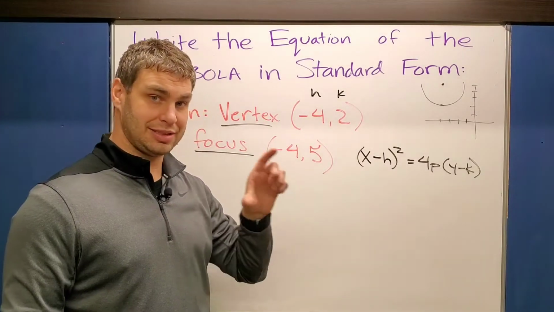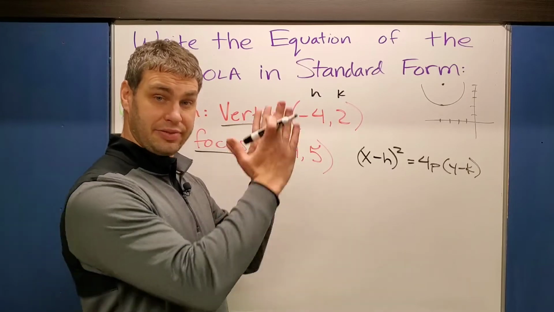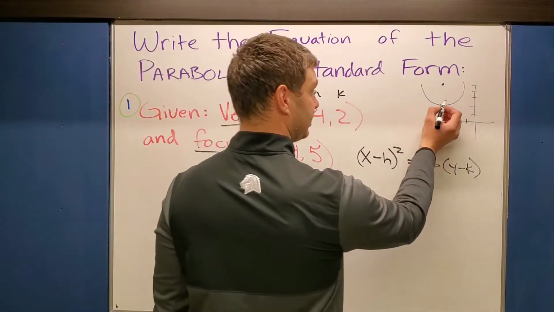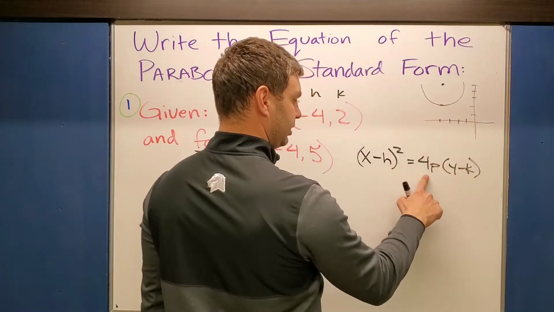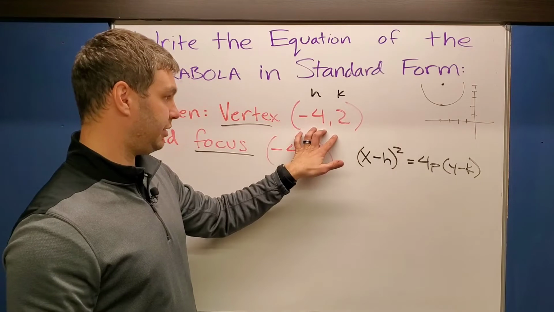Our p value is the distance between our vertex and our focus. It's positive if it goes up, negative if it goes down. This one is going up, so this is going to be a positive 1, 2, 3. Here I can replace p with 3, and h and k with -4 and 2.